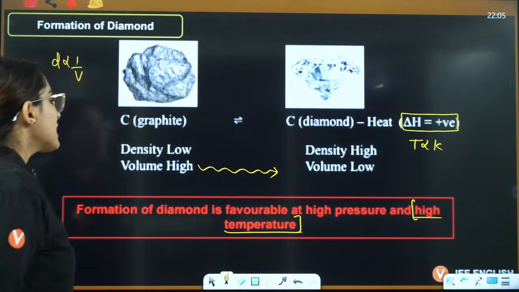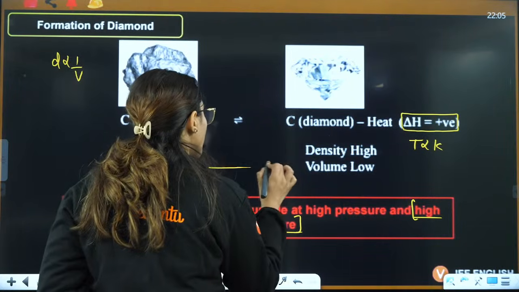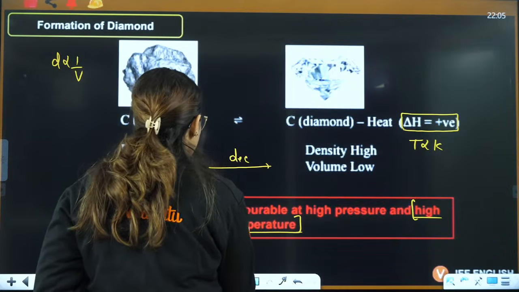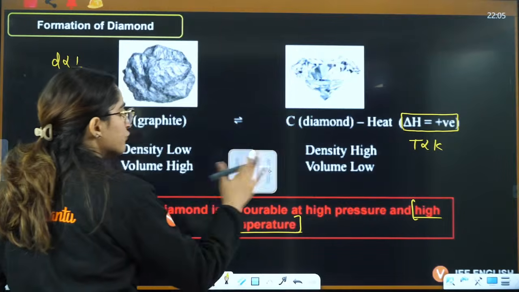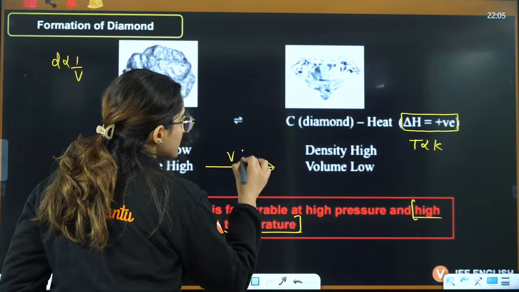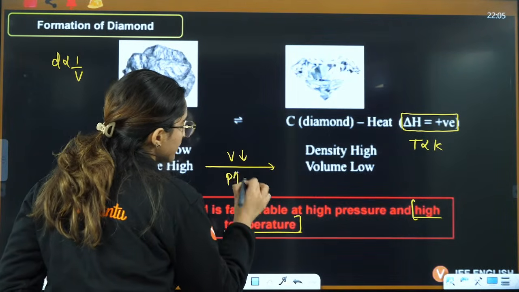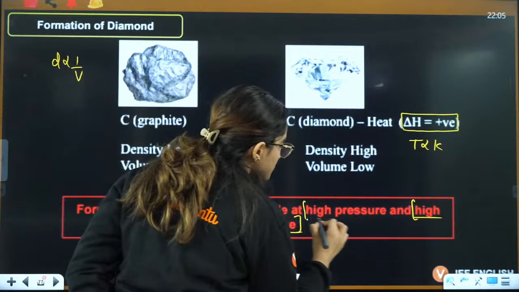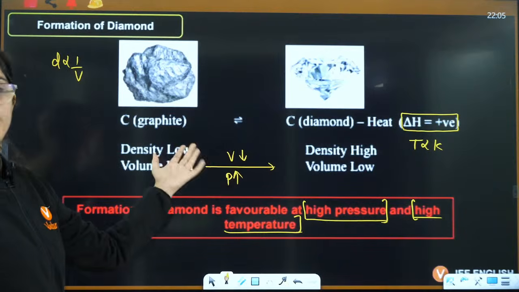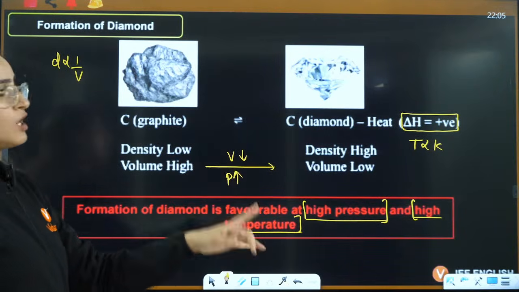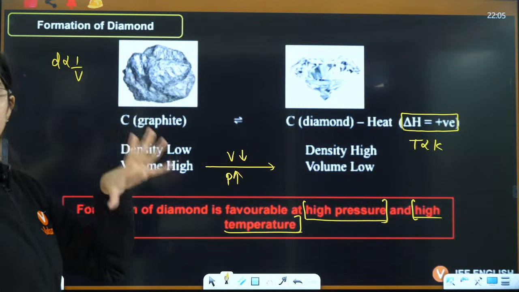See, if volume is decreasing, pressure will definitely increase. That's why high pressure is needed. You can't define the pressure here in terms of moles, because moles are the same here. So that's how we define the pressure.